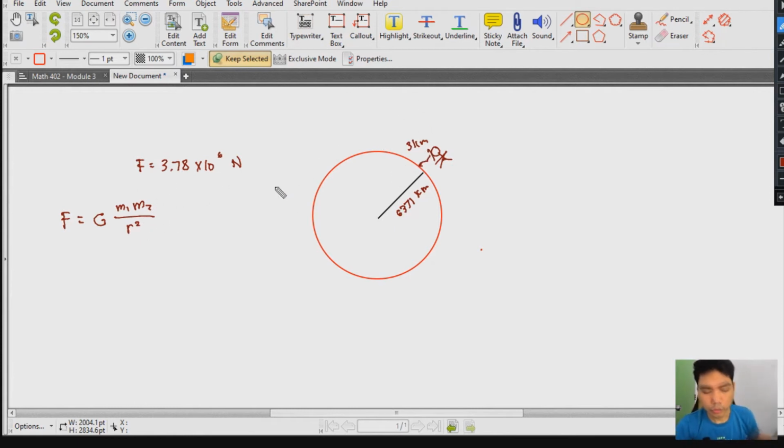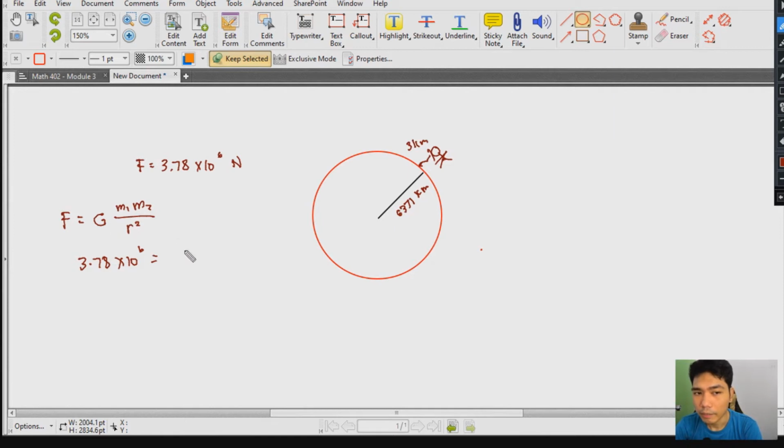But just to give you information, if we do not know the mass of the Earth, though it's still possible to determine it by simply searching, assuming we don't know it and we're only given this expression, does it necessarily mean we need to find it? Actually, no. If you're given the force, 3.78 times 10 to the 6, and G can be determined since it is a constant, it's no longer necessary.